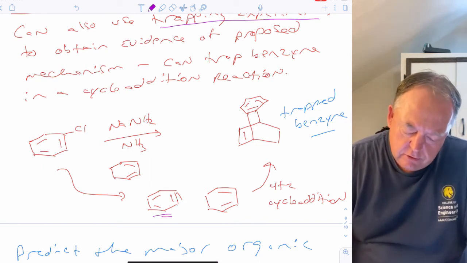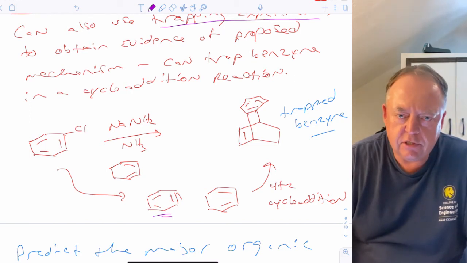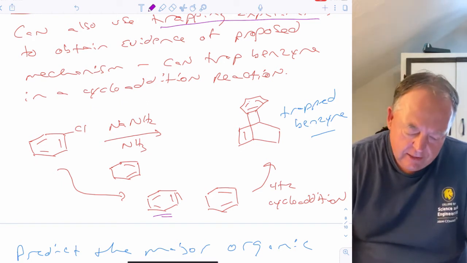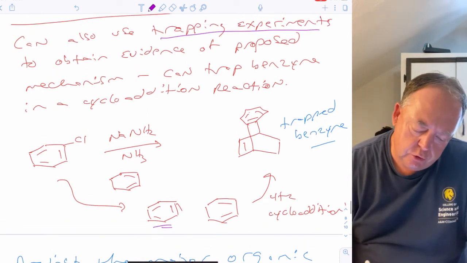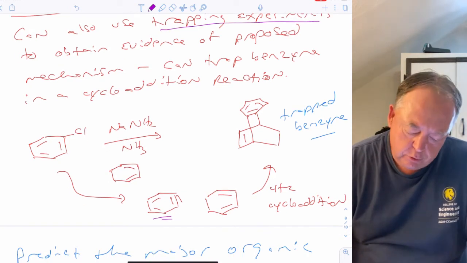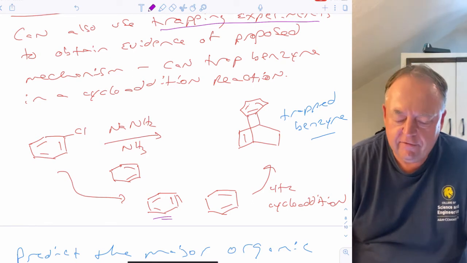So experiments are done to illustrate that this is the correct mechanism. One way to study mechanism is to do trapping experiments. If you think benzyne is made in the reaction, put something in there that would react with benzyne and give more clear evidence of it.